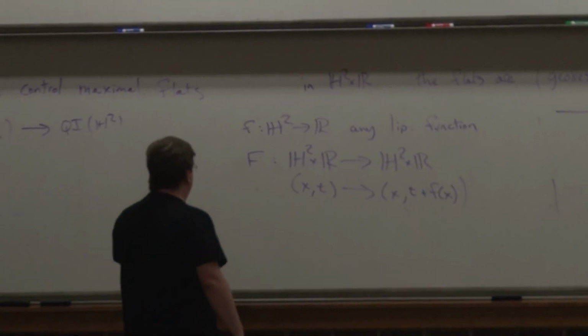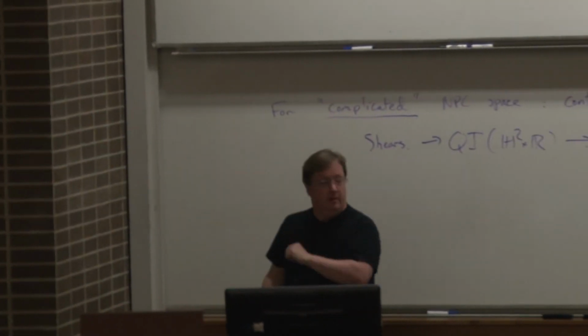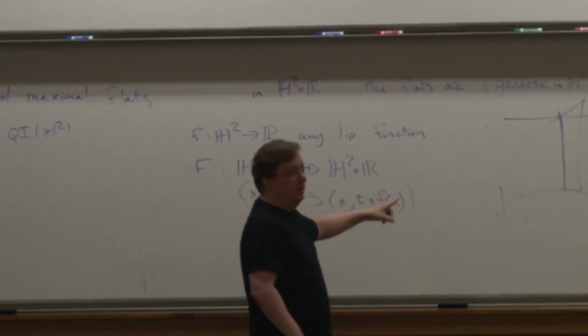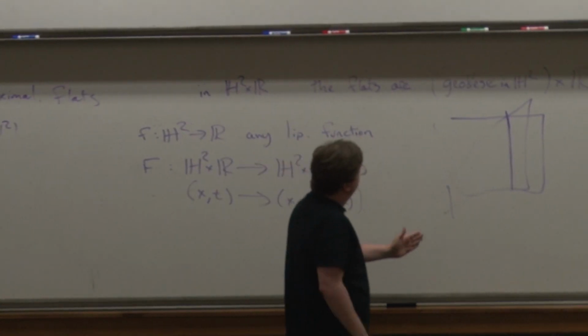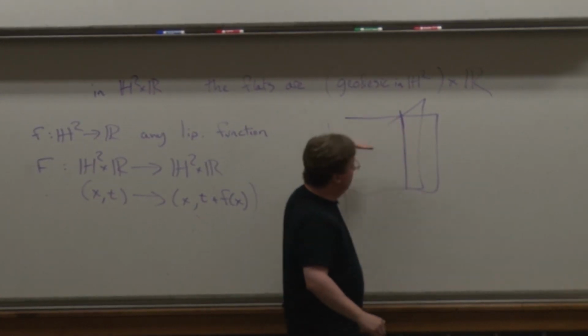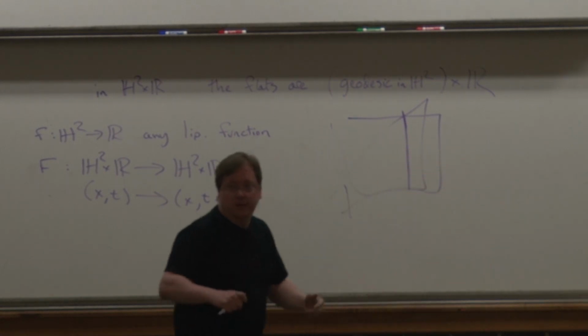Now, I said complicated over here. This barely counts as complicated. The fact that there are these directions which are the intersection of all these flats, and you can't find flats running transverse to them, is a sign that it's not complicated enough.